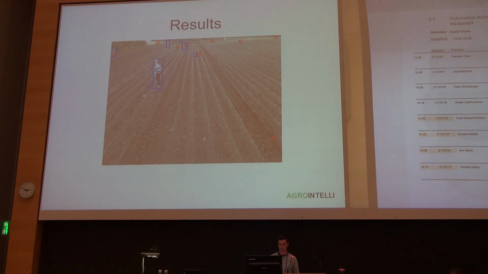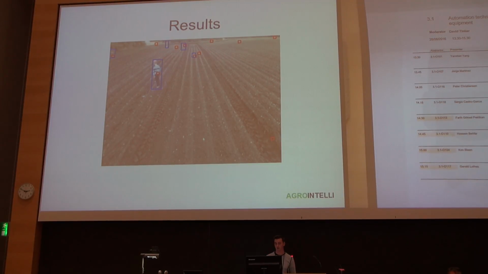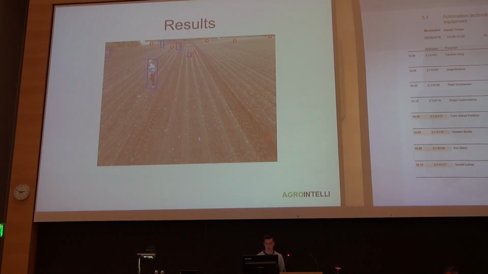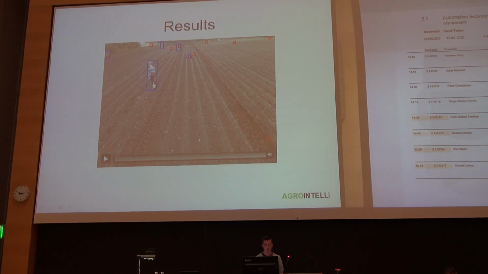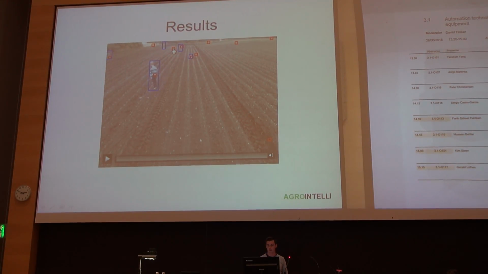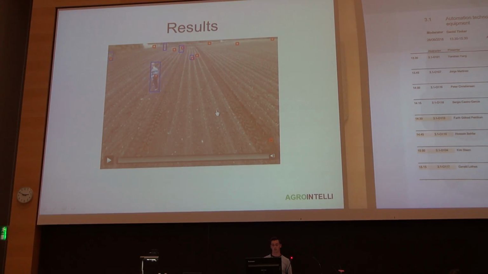So just to show you what we mean as a novel detection and the results that we obtain by this, we have the video here. We have an obstacle here clearly marked. All these blue bounding boxes are manually labeled obstacles, and all the red smaller boxes are what the algorithm says is a novelty, something that's not supposed to be there.